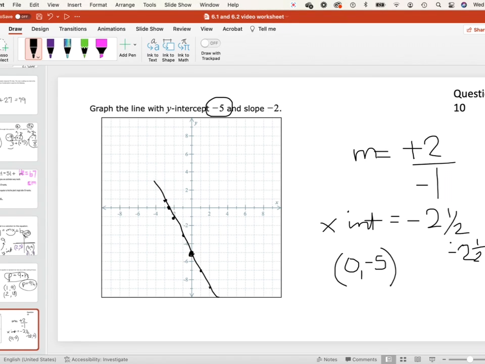That would be the point that goes with the x-intercept, and this would be the point that would go with the y-intercept. But on this one, all they asked us to do was graph the line. So that's what we were supposed to do there.